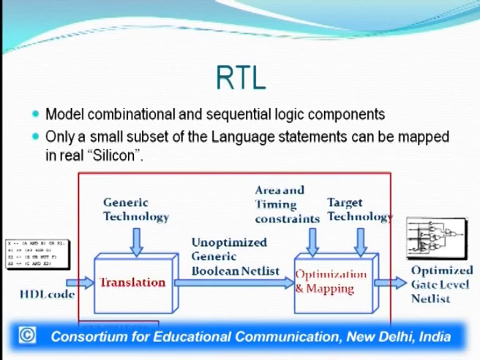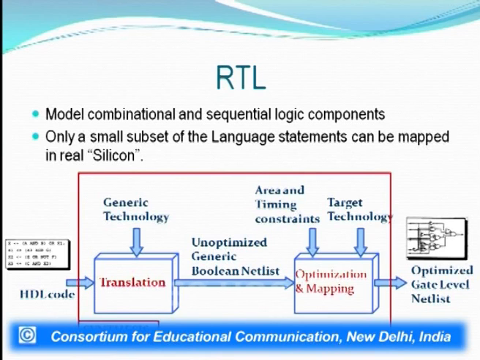Now basically, what do you understand by RTL? As I mentioned, it stands for Register Transfer Logic. To model combinational and sequential logic components, normally the RTL technique is used. Only a small subset of the language statements can be mapped into the real silicon. As can be seen from the block diagram, there is an HDL code that is written. This code is translated with the help of a generic technology.